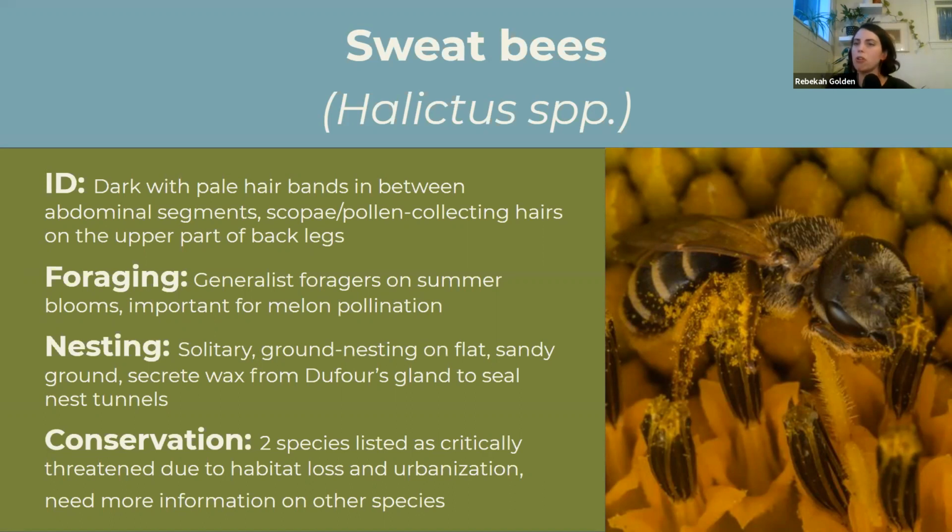For conservation, there are two species that we know are critically threatened in Oregon, and a lot of that is because of urbanization. So turf grass and mulching, once again, are kind of taking up their nesting habitat.